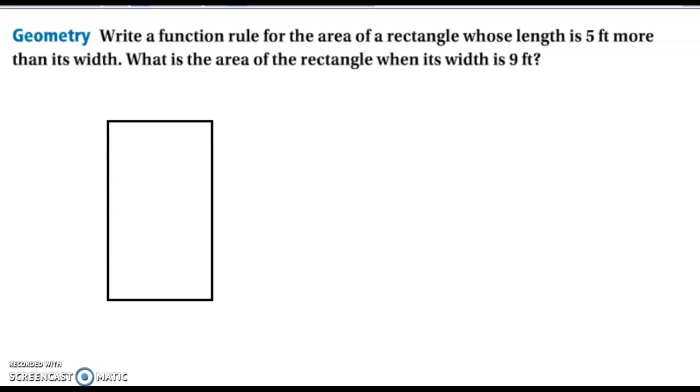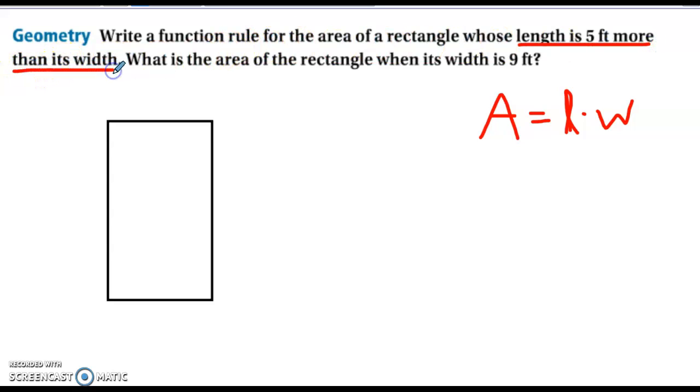So you might want to think in the back of your head, what is the area of a rectangle? Area equals length times width. Let me make that a cursive L so it doesn't look like a 1. The length is 5 feet more than its width.